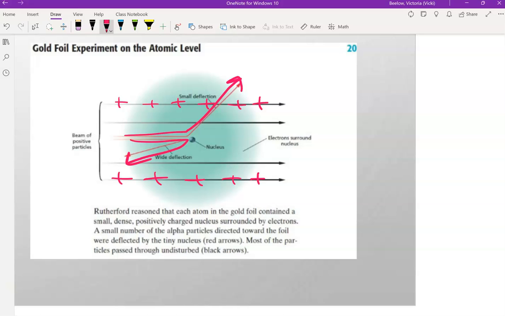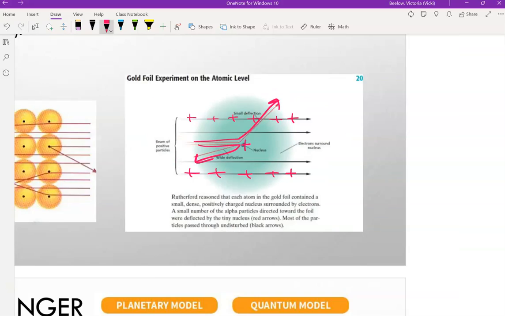Boom, boom. And therefore, when he did these calculations, he found that at the center, there must be something that has a positive charge. Remember, like charges repel, two positive charges are going to repel each other. So if he's firing something that has a positive charge and it's bouncing off of something, that something must also have a positive charge.